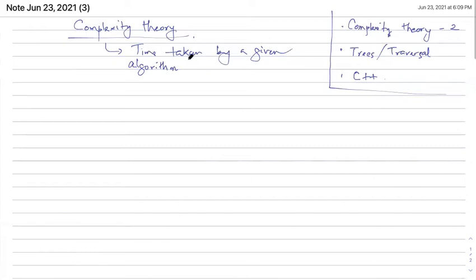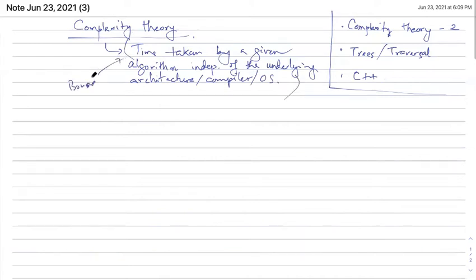Of course, this can be time or space, but we want to reach a bound on the time. So the time taken by a given algorithm, independent of the underlying architecture or compiler or OS. So how to come up with a bound on the time. That will help us evaluate the quality of a given algorithm.